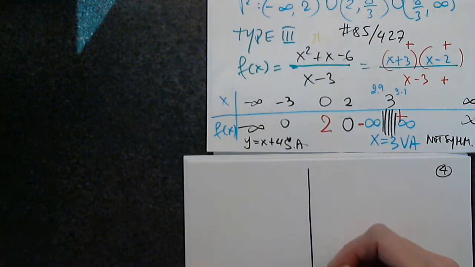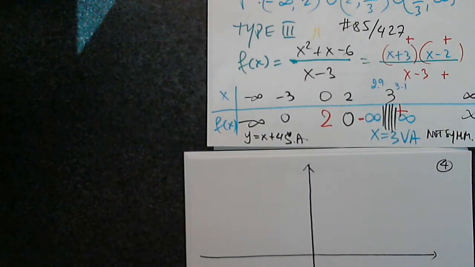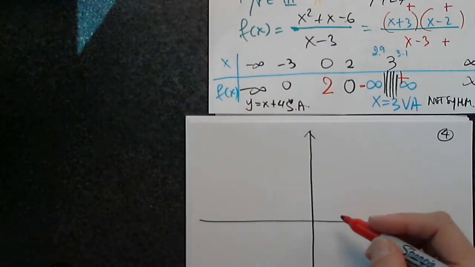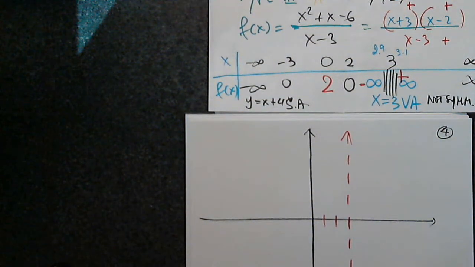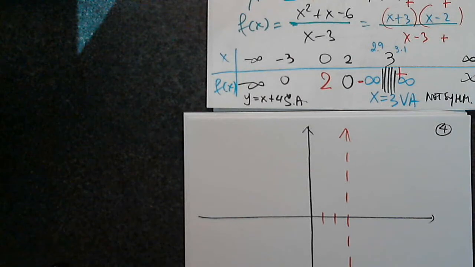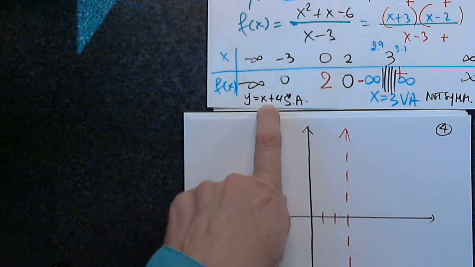Let's graph it first, and then discuss it, and then check it. The asymptotes. There are two asymptotes. One is at x equals 3. And the other one is this. I have to find 2 points for it.